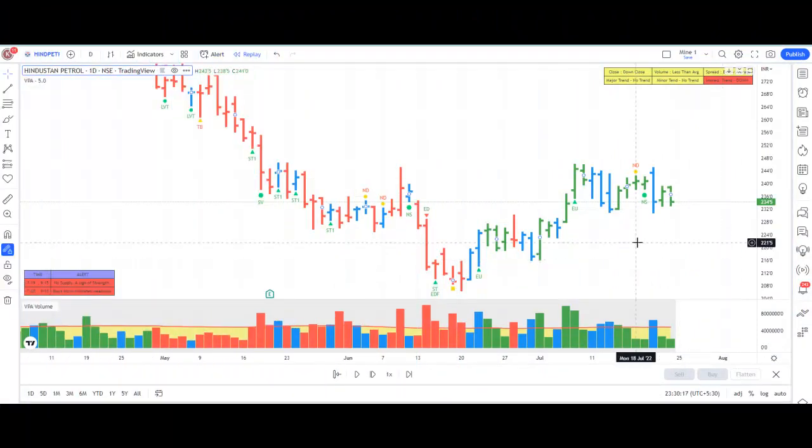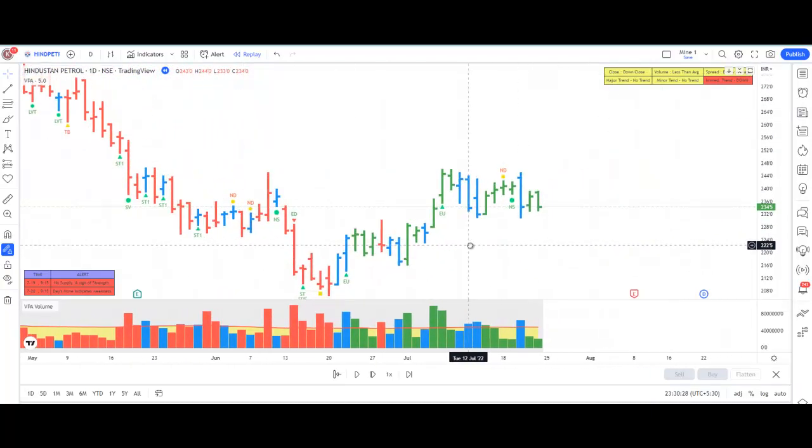In the first example, I have the chart of Hindustan Petroleum, the daily chart, and as usual, we are using the replay mode. Now our chart starts from the 22nd July 2022. Now let's start looking at how the prices play out.